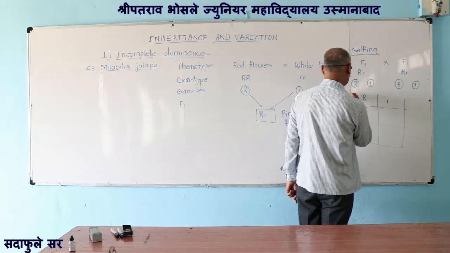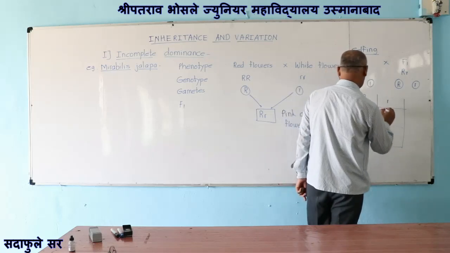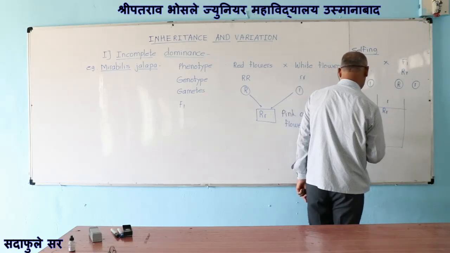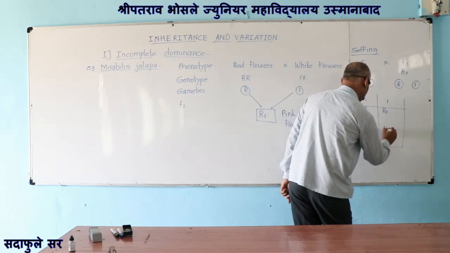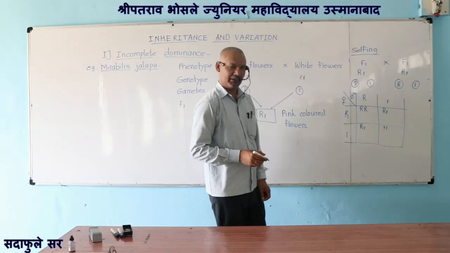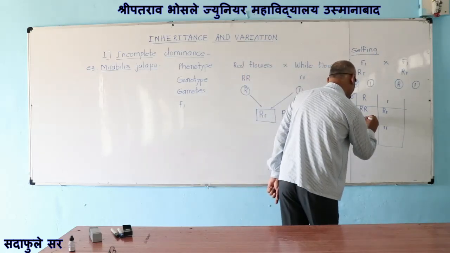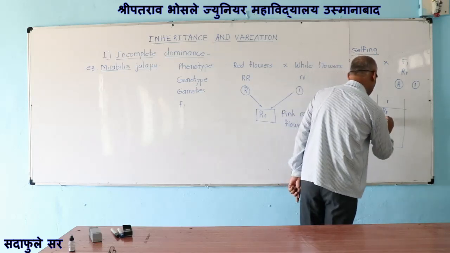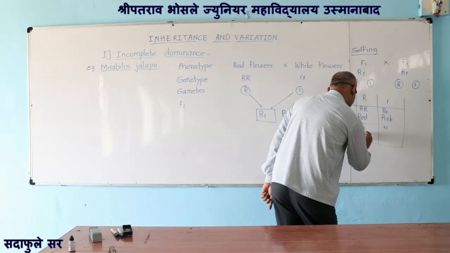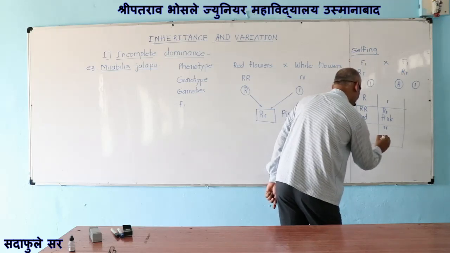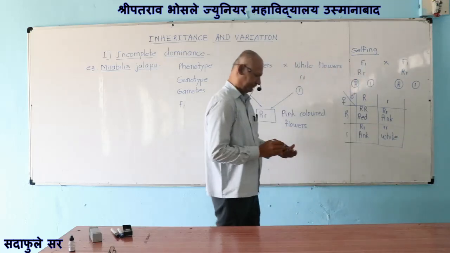These are the male gametes and female gametes. These plants are with red flowers. These plants are with pink flowers. These plants are with pink flowers, and these plants are with white flowers. Okay.